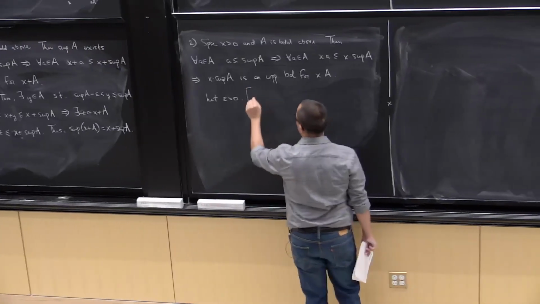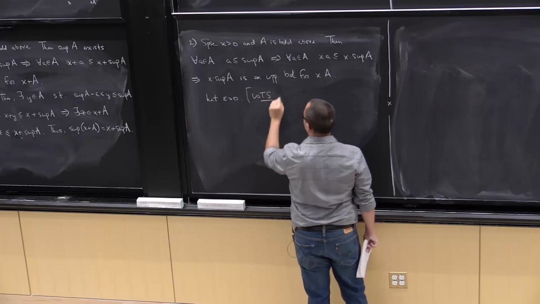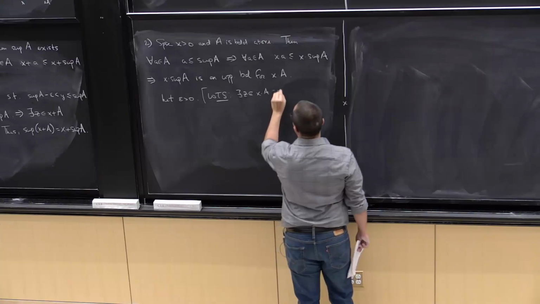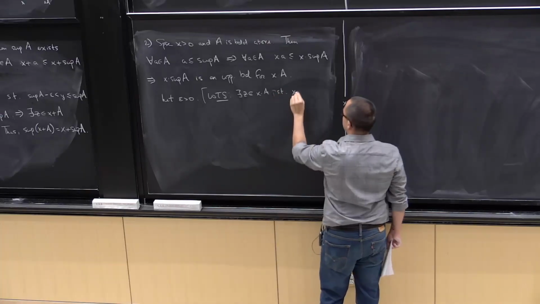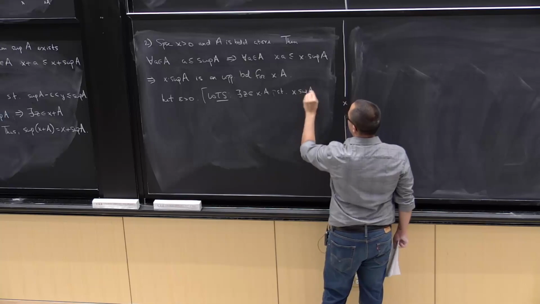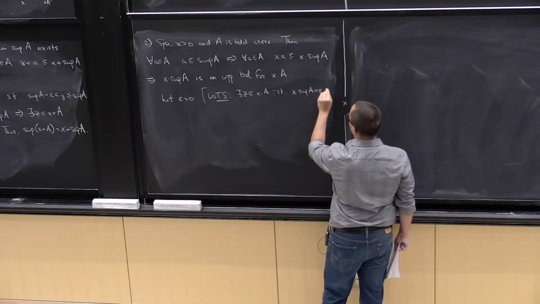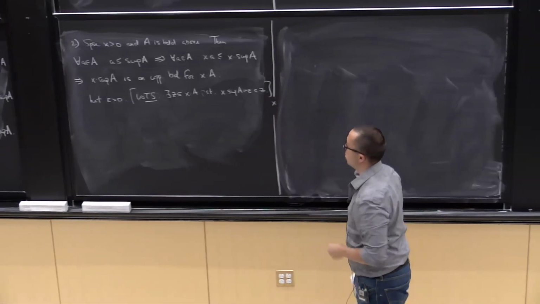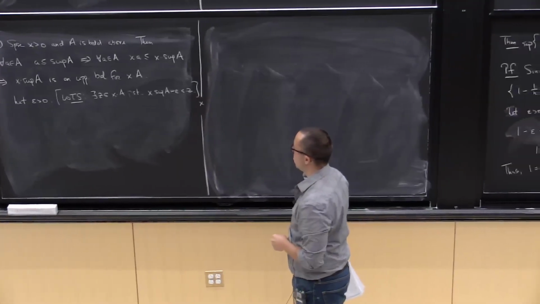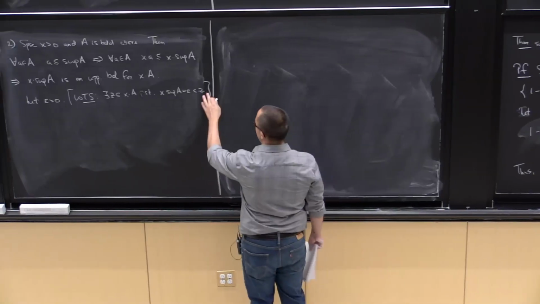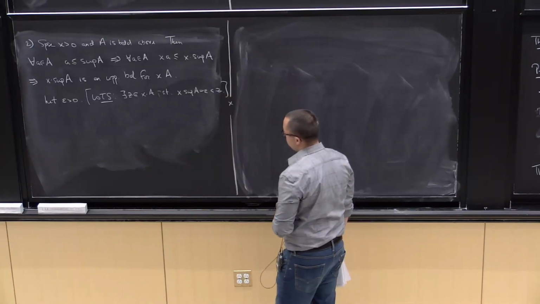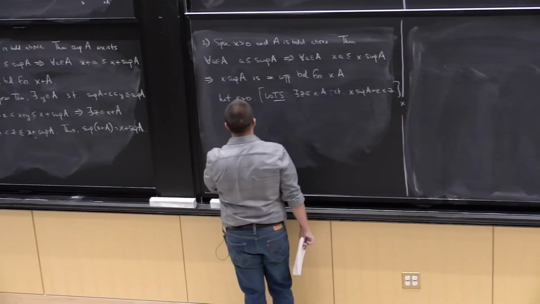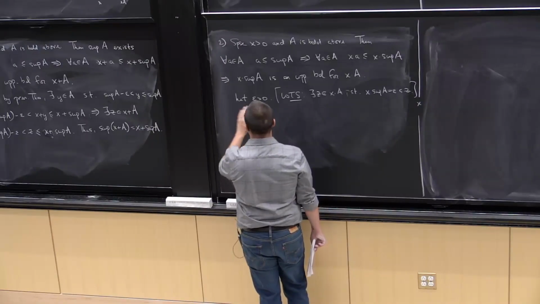We want to show there exists a z in x times A so that x times sup A minus epsilon is less than z. z is always less than or equal to x times sup A, since we've proven x times sup A is an upper bound for this set, so I'm not going to keep writing the second inequality. Okay. So this is what we want to prove. We haven't proven it yet.